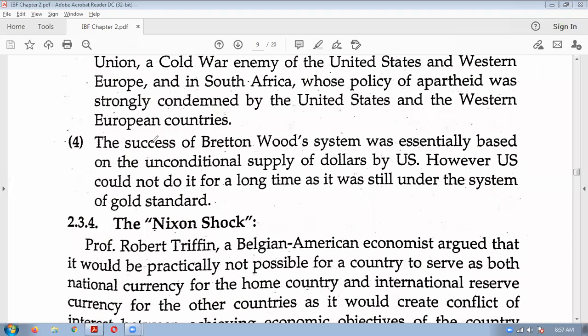The success of the Bretton Woods system was essentially based on this unconditional guarantee, okay, of supply of dollars by USA. That you sell us gold, we will give you dollars. But what happened? USA could not stick to its commitment or guarantee for a long time. Okay, what is this? We will understand now.